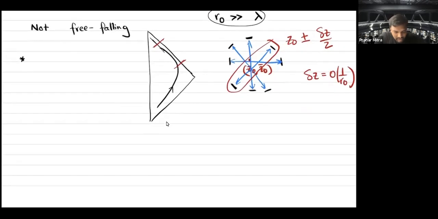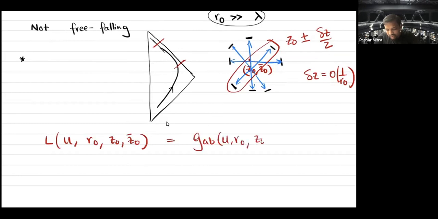So this is in fact very easy to work out. The distance between these two mirrors at a time u for the observer R naught, Z naught, Z bar naught is simply given by the square root of G_AB evaluated at u, R naught, Z naught, Z bar naught, delta X^A, delta X^B. This is L squared.